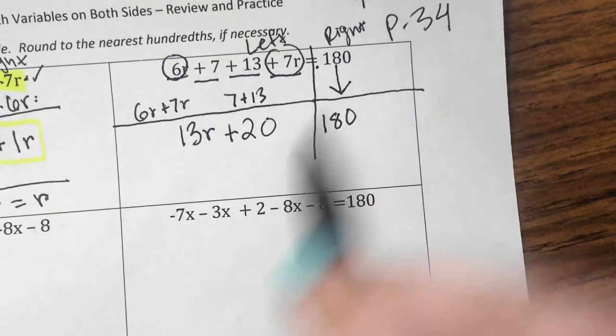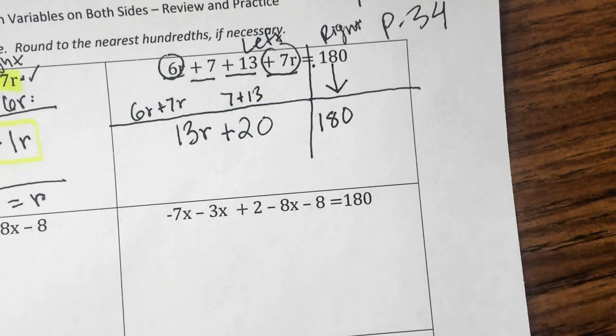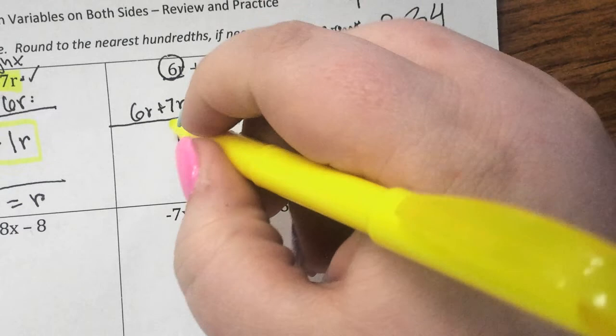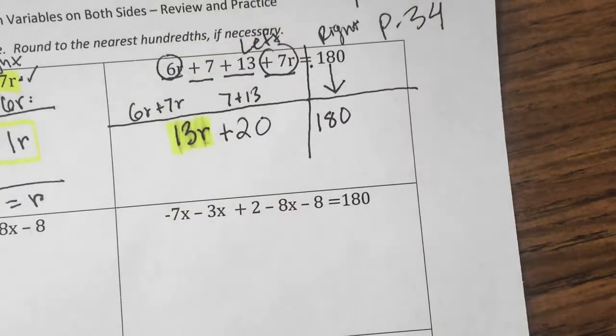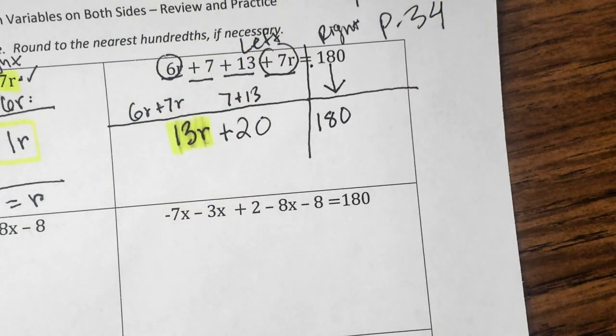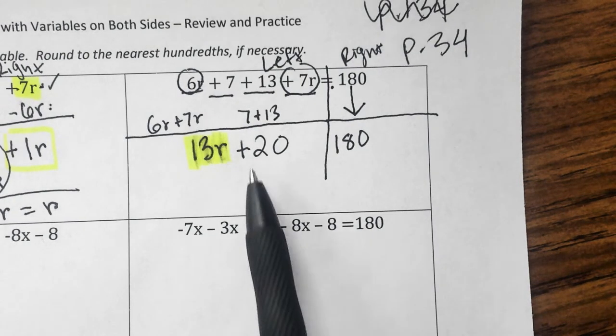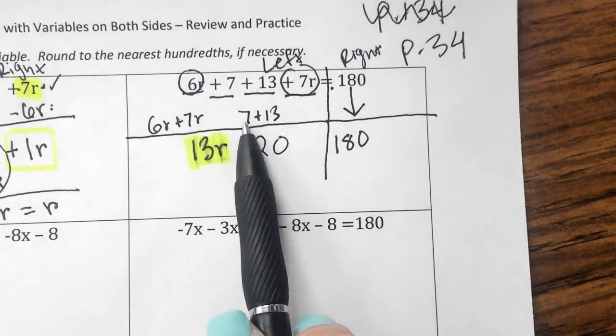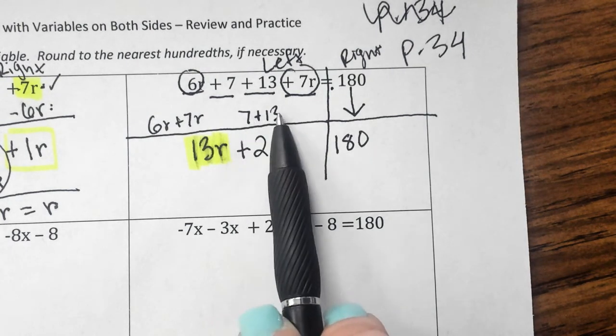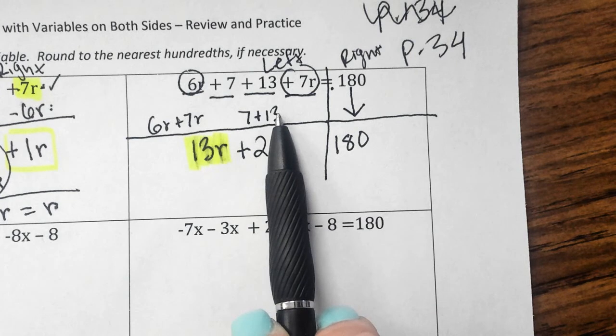Now the next step would be to collect our variables on one side of the equation. The variable terms are 13r, and are there any other variable terms? Wait. Okay, go back. How did we get 20? 20 came from 7 plus 13. Where did I get 7 plus 13 from?